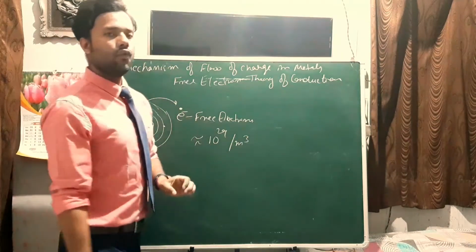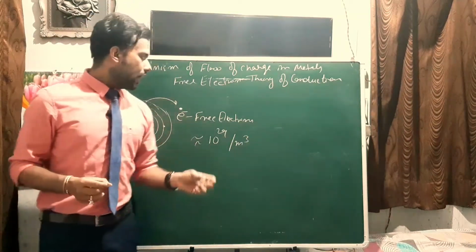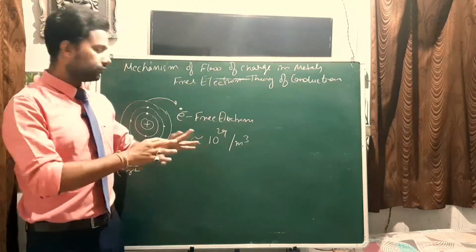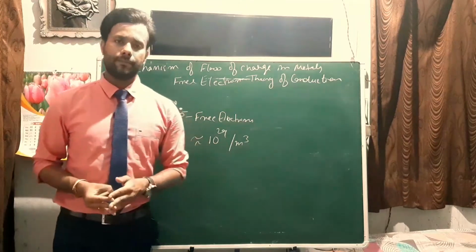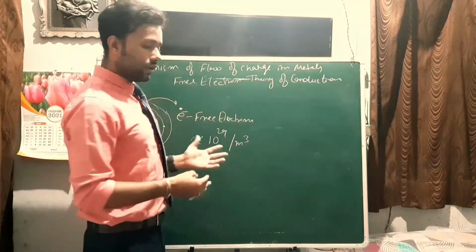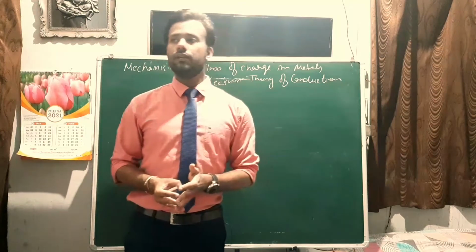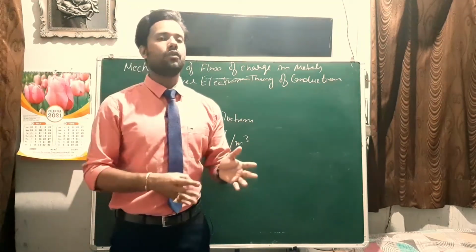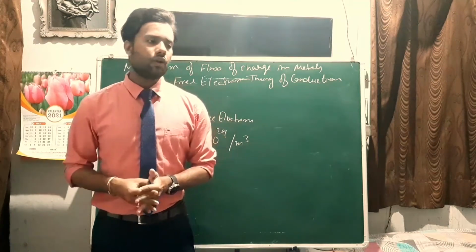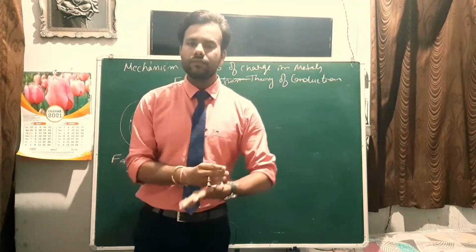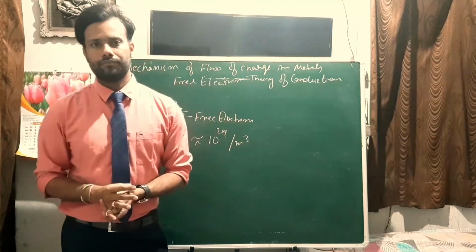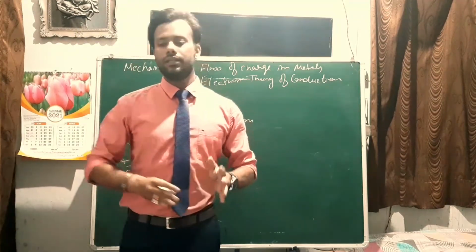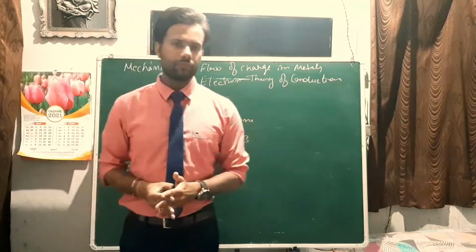That means in a volume of 1 meter cube, approximately this many free electrons move from one point to another point. If you measure the number density of, let's say, an insulator, it will be very small, approximately equal to 0, right? Because they don't have free electrons, and that is why they don't conduct electricity. And that of semiconductors lies between the conductors and the insulators.